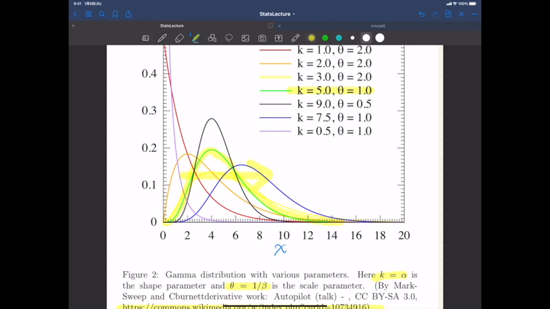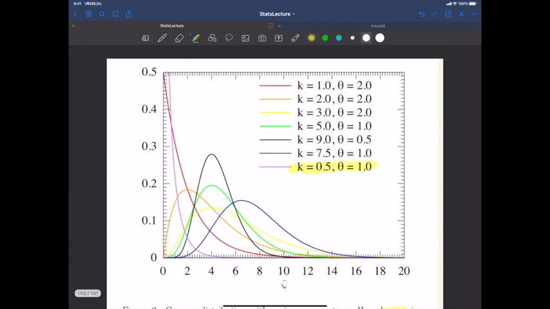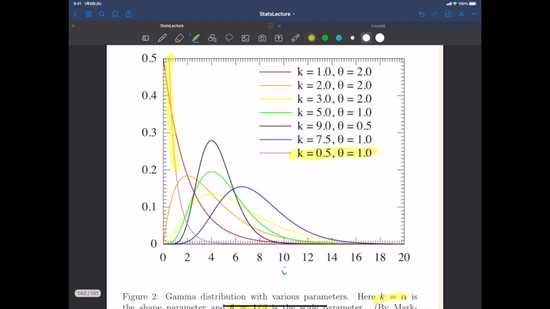And when k becomes even bigger and theta becomes smaller, so in this case beta is 2, we have this black line curve. When alpha is less than 1, in this case, then we have this curve.